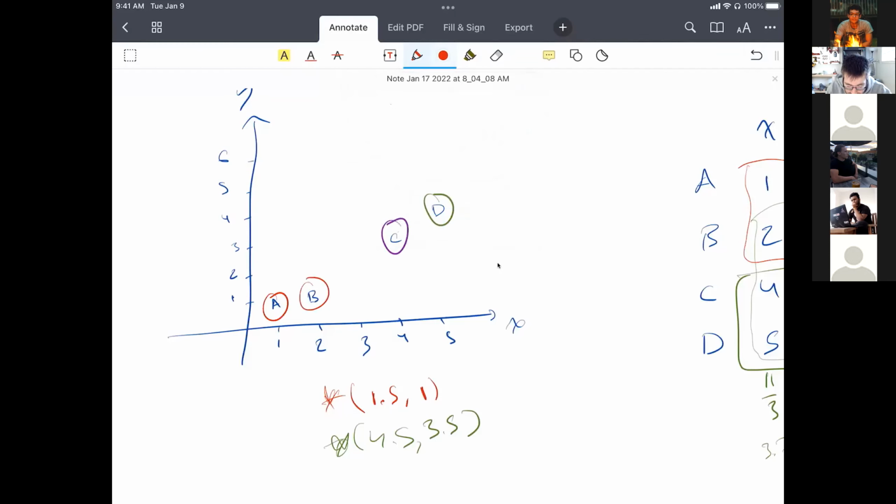Now if we reevaluate the centers, this would be the center of this cluster, and this is already the center, and this one is already the center. And we're done. But now we got different results. A and B are now part of one cluster, and C and D are part of one cluster each. So we got different results of clustering. That's fine, but this happens based on the initial values that you start with as centers.